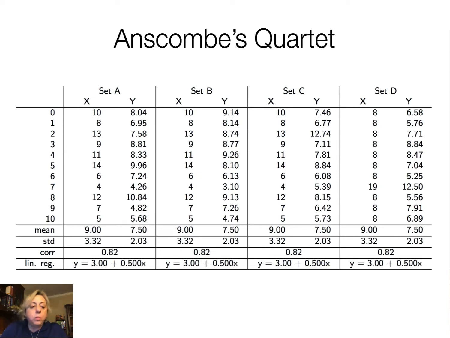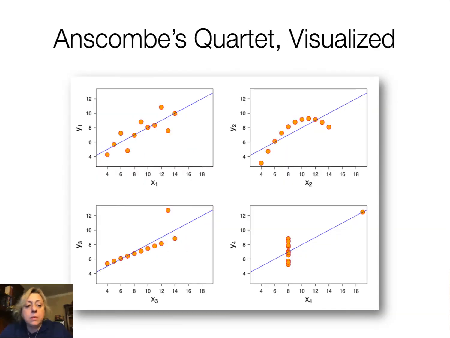So if you try to plot the x and y of each of those data sets, you will come up with the following. For data set 1, you get this type of linear regression. As you can see, the data is really distributed around your linear regression or the trend line. Whereas if you look at the second data set, you can see some type of polynomial relationship in the data.